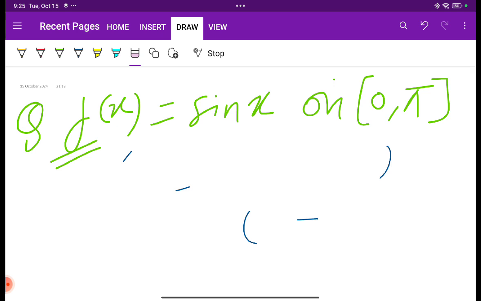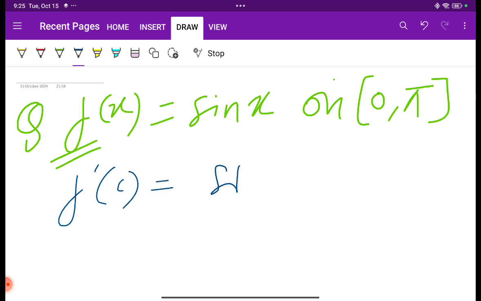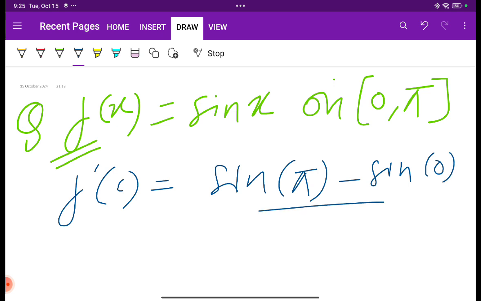Now the second step is to just put the values in the function. After putting the values, it's (sin pi minus sin 0) all divided by (pi minus 0).